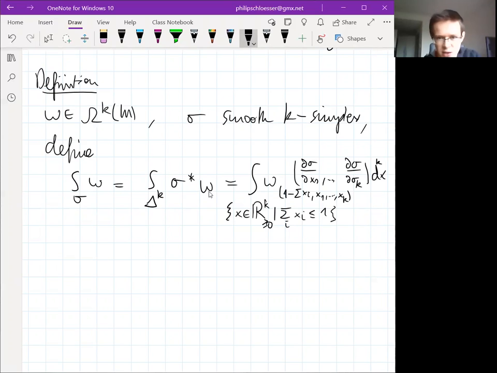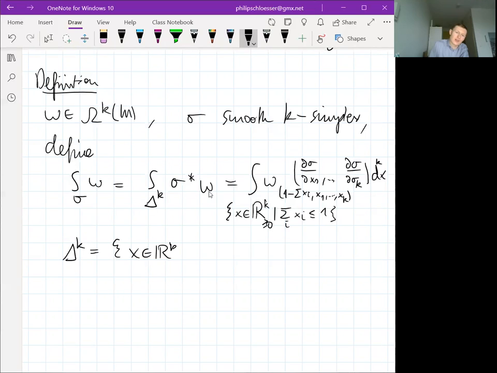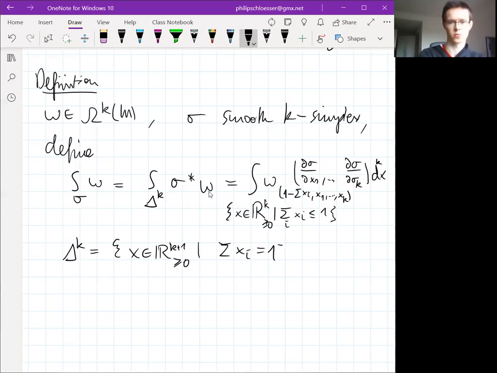Where exactly stands this 1 minus sum xi? Yeah, okay, so the k-simplex was defined as the set of x in R to the k plus 1, with coefficients bigger than or equal to 0, such that the sum is equal to 1.